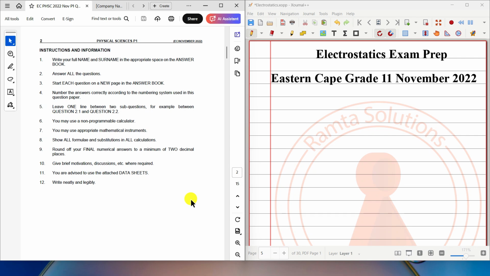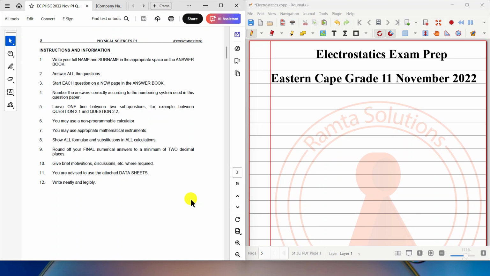Instruction number 8 says, show all formulas and substitutions in all calculations. Instruction number 9, round off your final numerical answers to a minimum of 2 decimal places. A further tip for instruction number 9: in the middle of your calculations, if you happen to get decimals, work with about 4 or 5 decimal places.